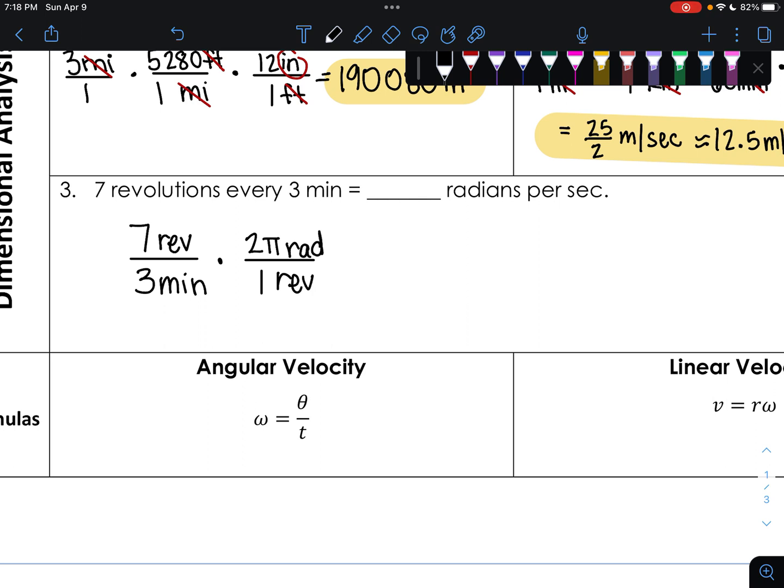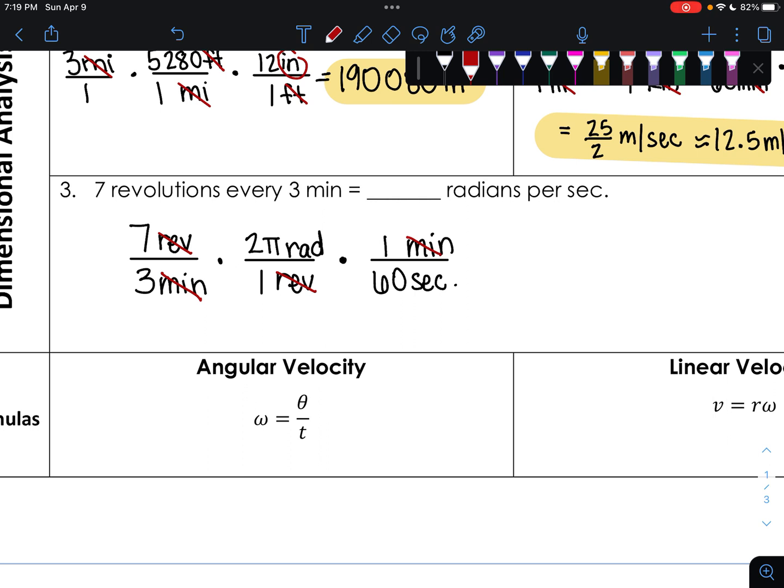Now that I've gotten rid of those, I need to go from minutes to seconds. So again, I want to cancel out the minutes, which means my minutes need to go on top. So in 1 minute, how many seconds are there? There's 60 seconds. So I double check to make sure all my units cancel out except for radians per second. So revolution, revolution, rad, oh nope, we want the rad, minute and minute.